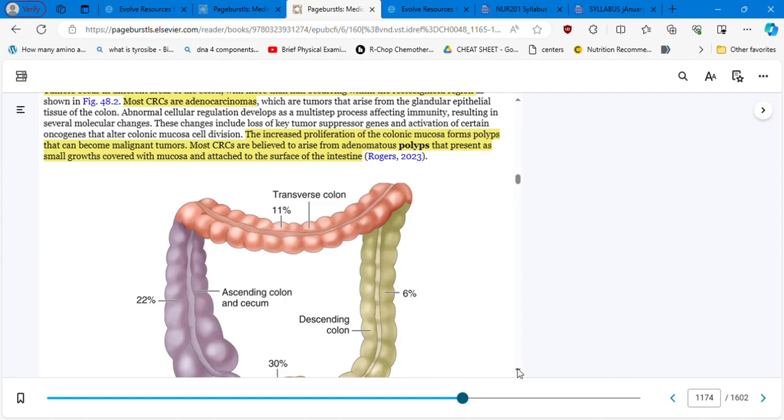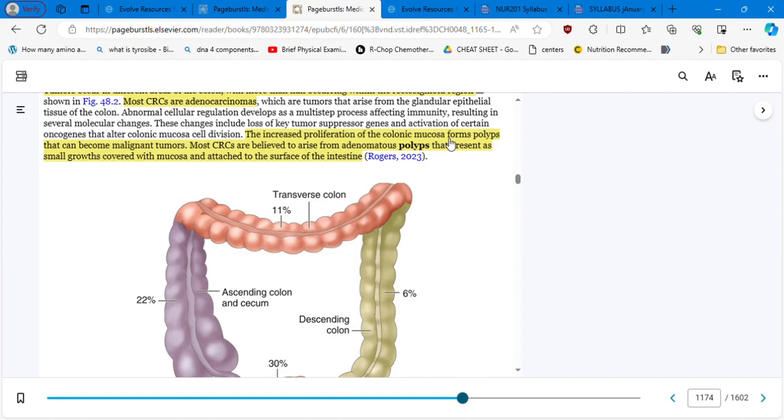As we saw in the video, it takes several years for that benign polyp to become malignant. Okay, so it's the proliferation of the colonic mucosa, which is due to prolonged chronic inflammation.